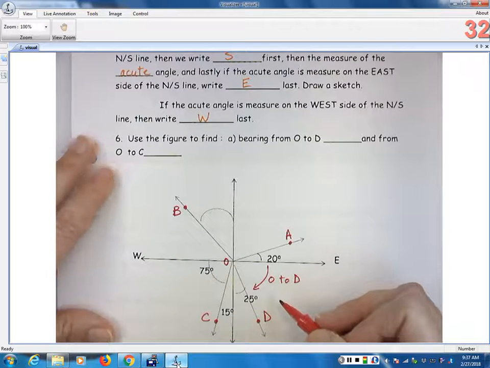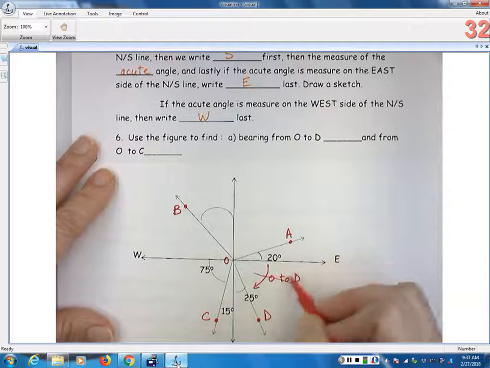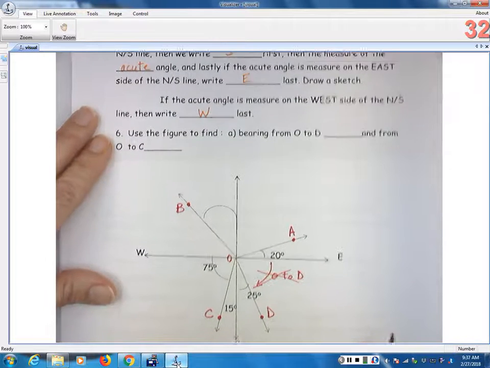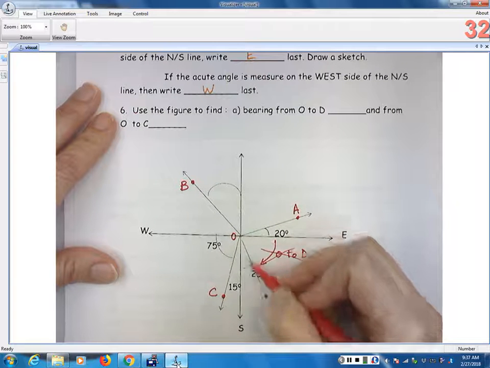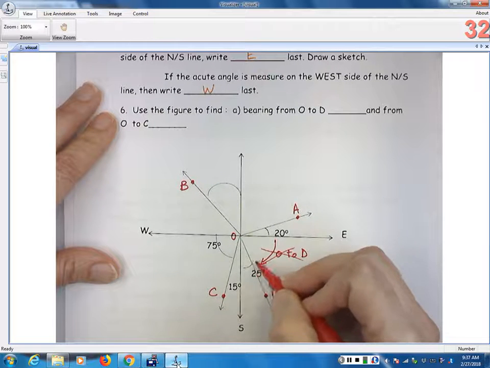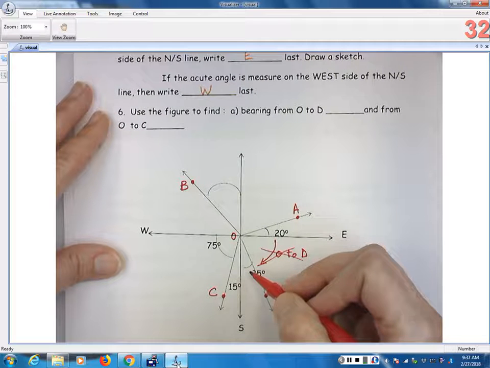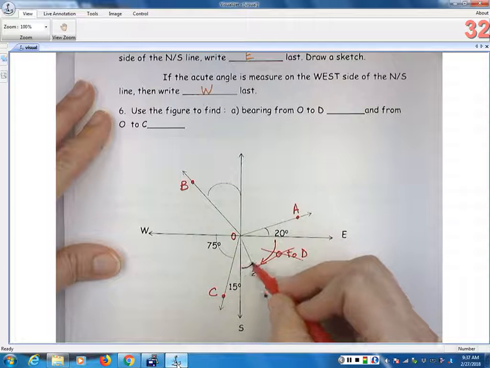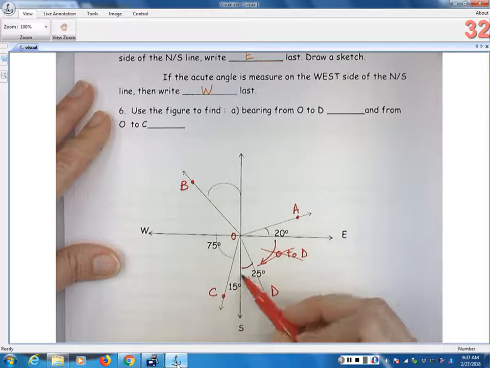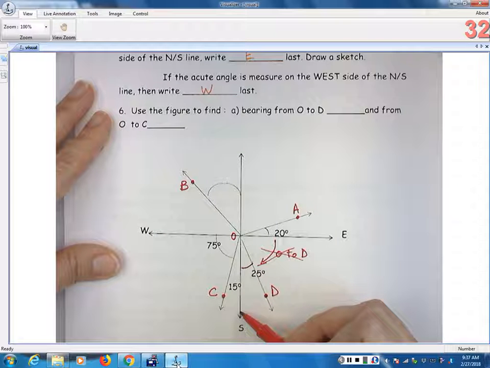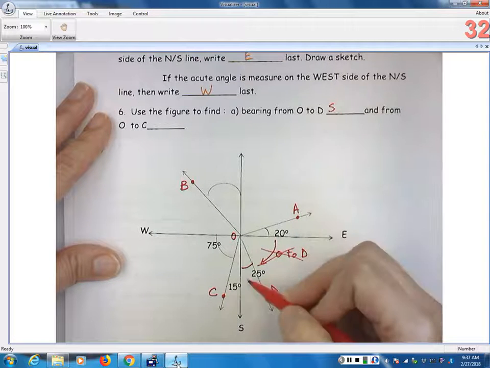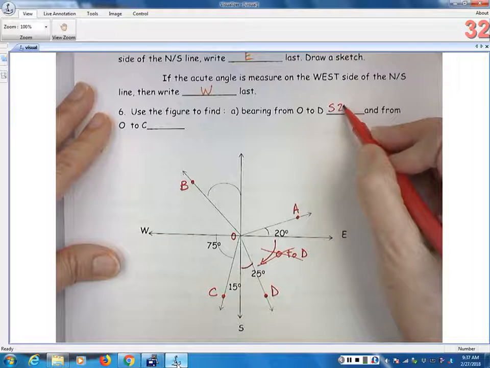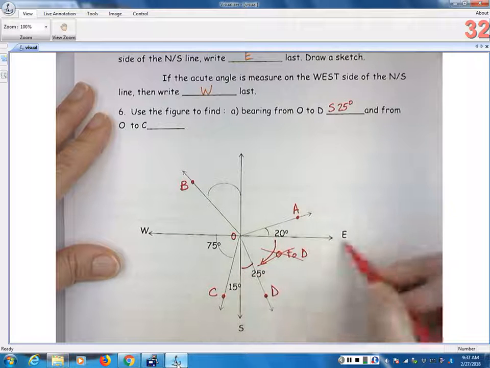So we're not going to be writing this one. It's going to be right here, the 25 degrees. It's on the south, so we write S, then 25 degrees, and it's toward the east, so we write east.